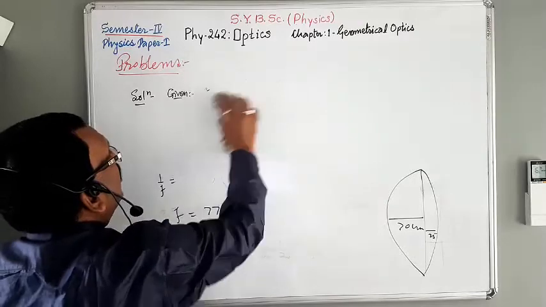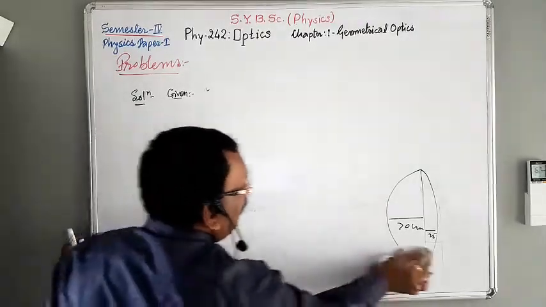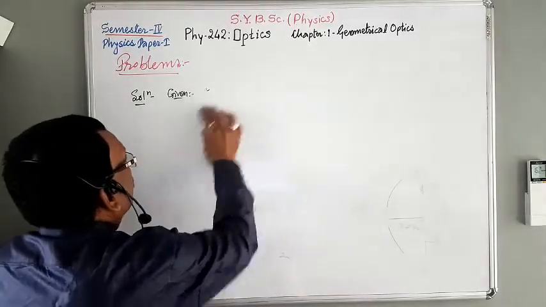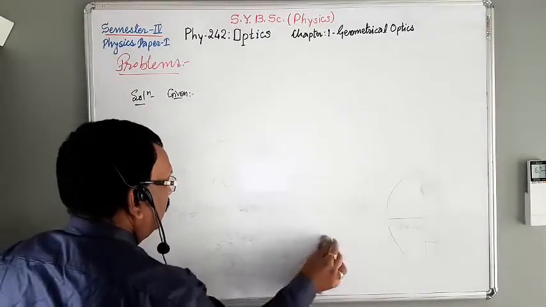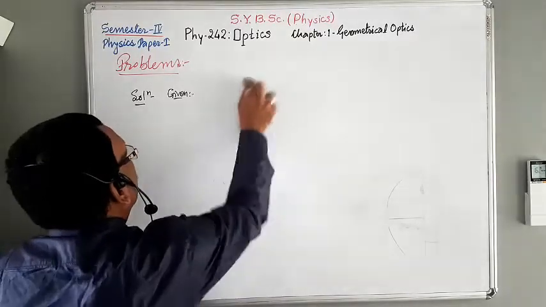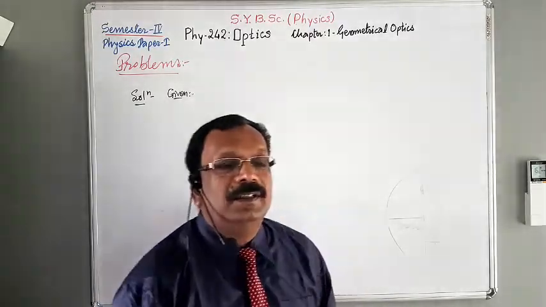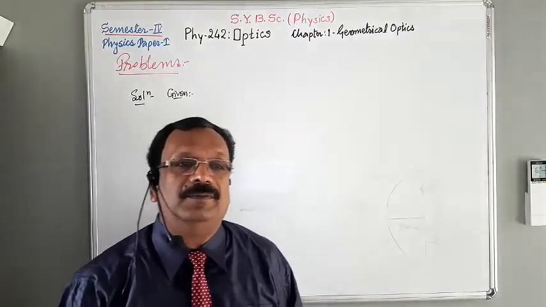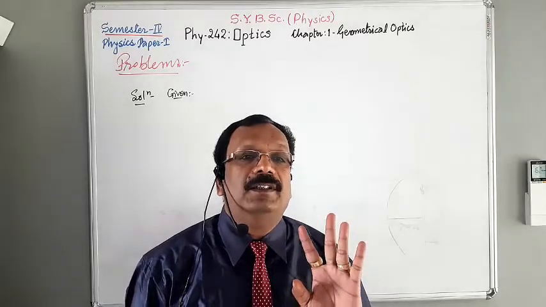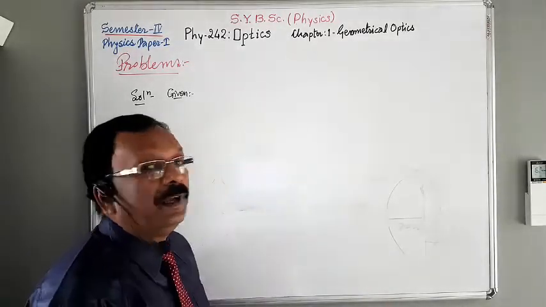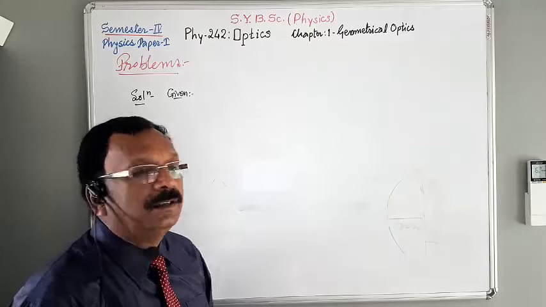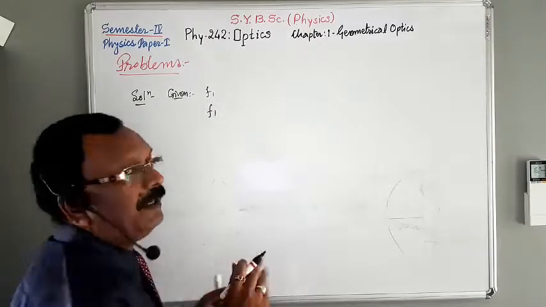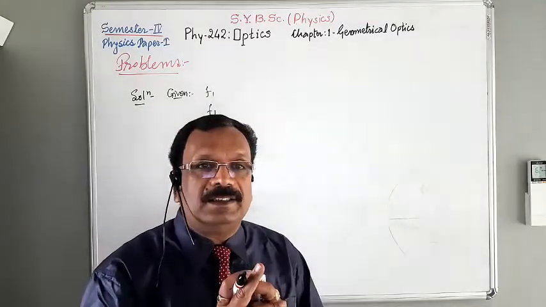Okay. Now we are going to see different types of problems. All the problems which we studied up to this point are very important. Now the next problem, we have a complex system of two converging lenses having focal lengths f1 and f2.